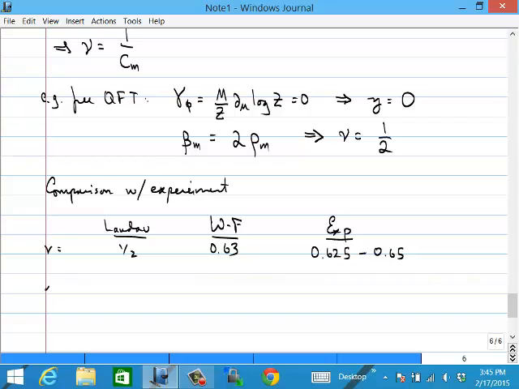Similarly, for this parameter eta, that's equal to 0 in the Landau theory, and a little bigger than 0 at the Wilson-Fisher fixed point. In the liquid gas, it's about 0.016, and in the antiferromagnet, it's about 0.04.